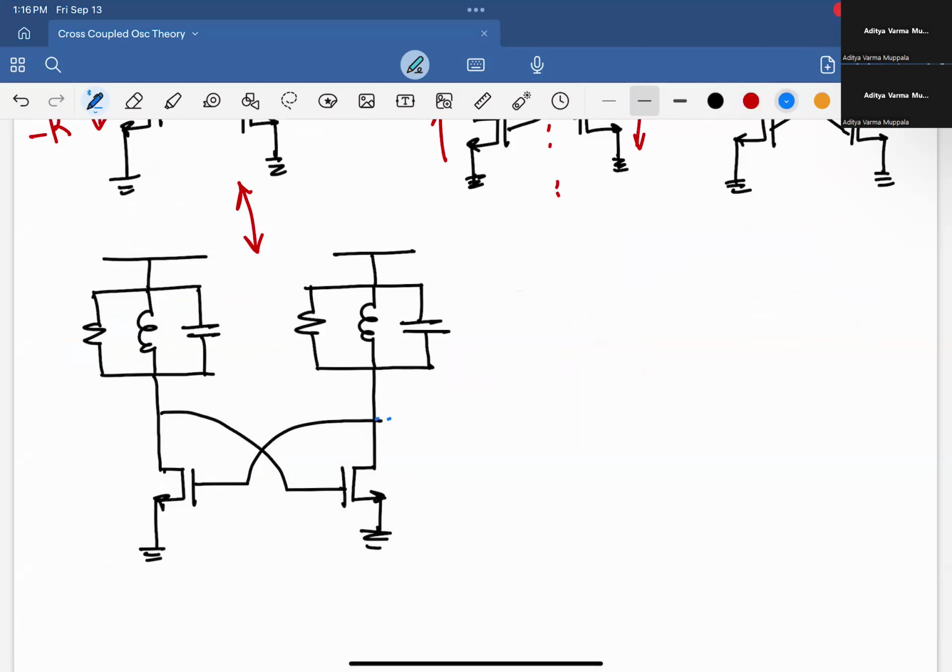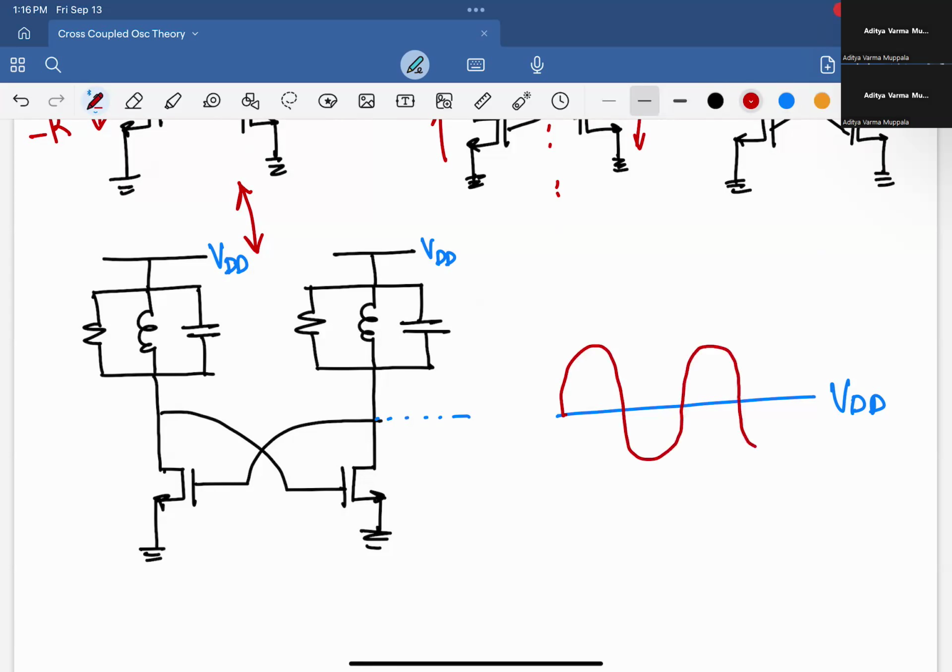So if I look at, let's say, this node, and I plot what is the voltage here, the DC voltage, of course, here is VDD, right? Because this thing is VDD, and at DC, that inductor is like a short circuit. So at DC, this should be VDD, and the swing has to be about this point, right? So the oscillator oscillates like this.